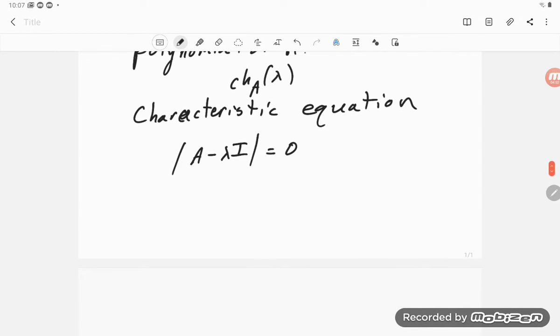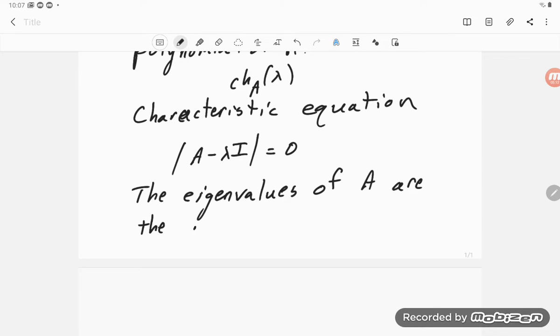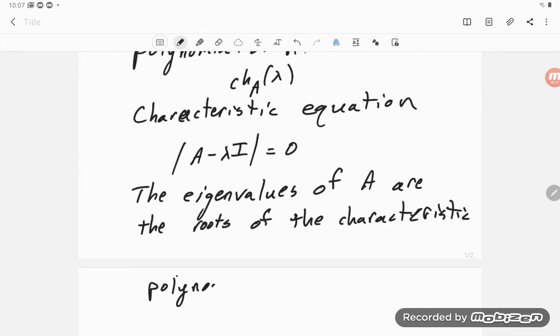And so what this says is the eigenvalues of A are the roots of the characteristic polynomial of A.